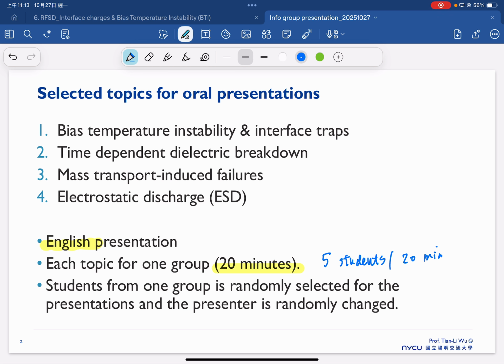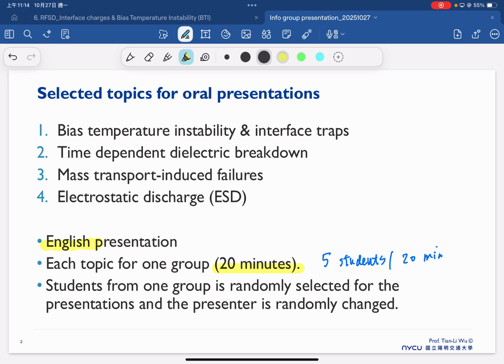But for sure we need to avoid unequal distribution of work during preparation. Somebody might feel very lazy and not do anything, while somebody else might be very good and take care of everything. So for the presentation, the student from one group is randomly selected.